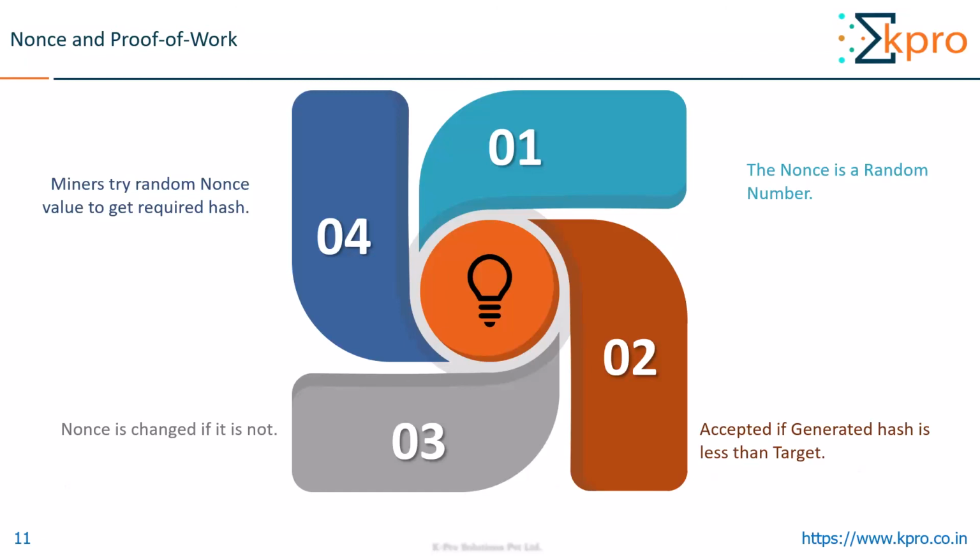So basically these miners play around with this nonce value in order to get the required hash. This is basically what a nonce is, and all the work that a miner is doing in order to get the required hash is called the proof of work. So this is all about nonce and proof of work.